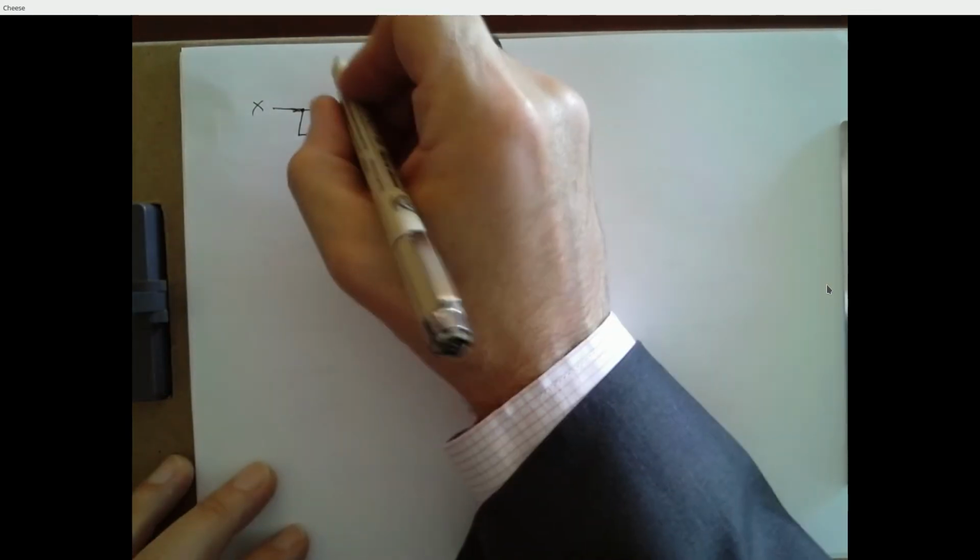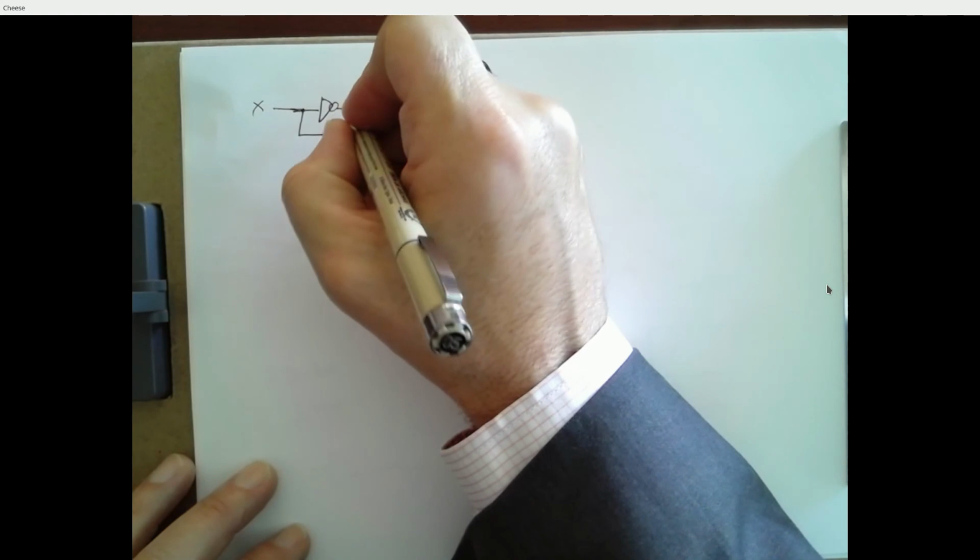So I have X going through an inverter into an AND gate, and I also have X going directly into that same AND gate, and the output of the AND gate is Y. And I'm going to label this point right here X2 so we can make a truth table.